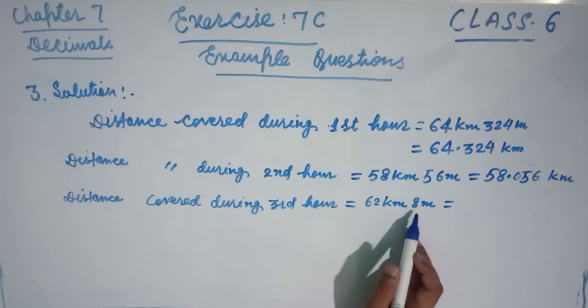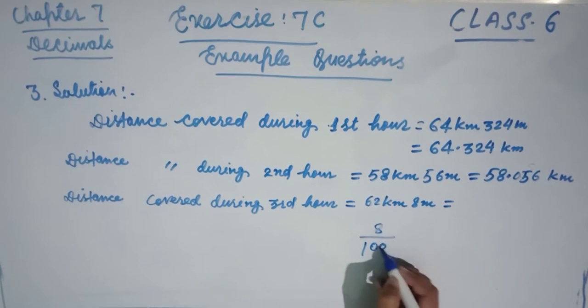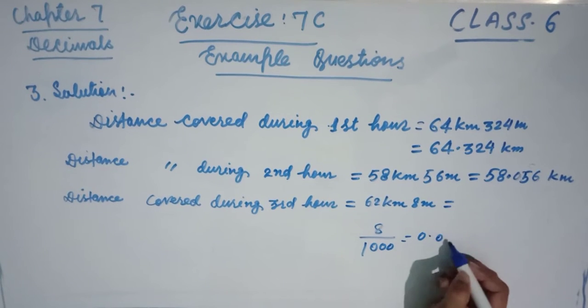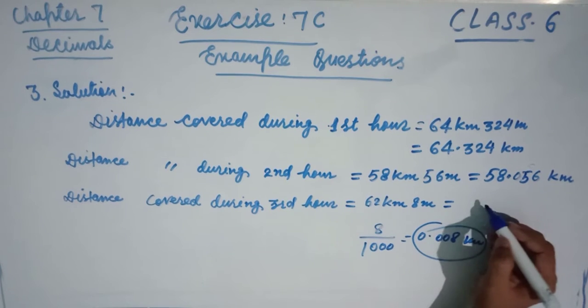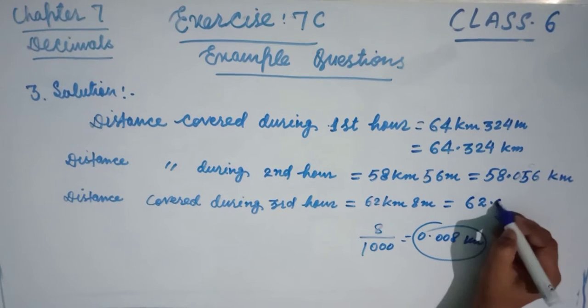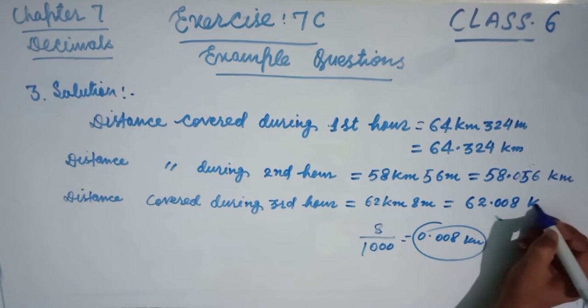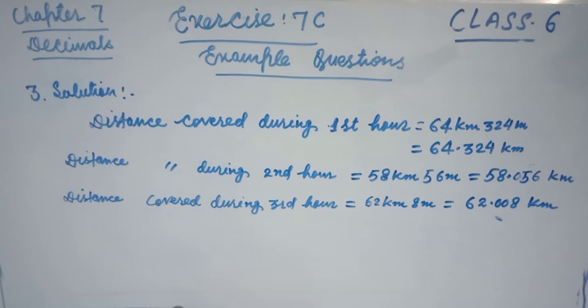So now change this 8 meter into kilometer. 8 divided by 1000 gives 0.008 kilometer. So adding this to 62, it becomes 62.008 kilometer. Now friends, add their values.